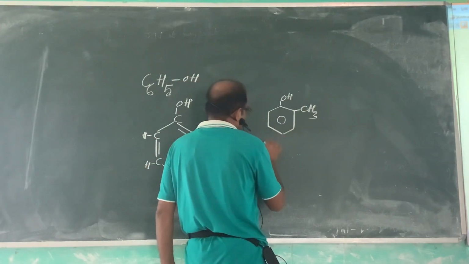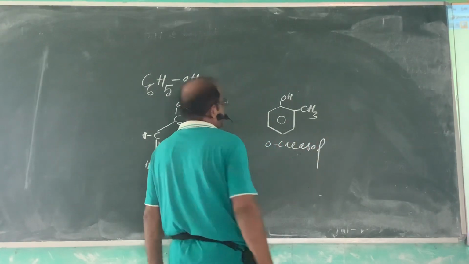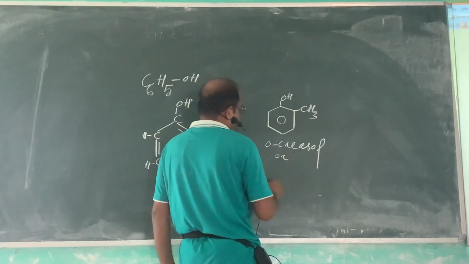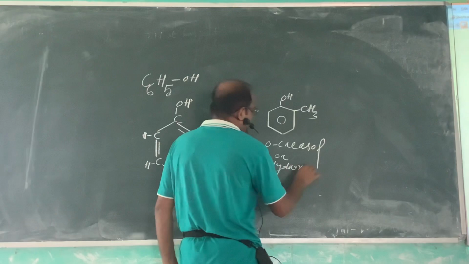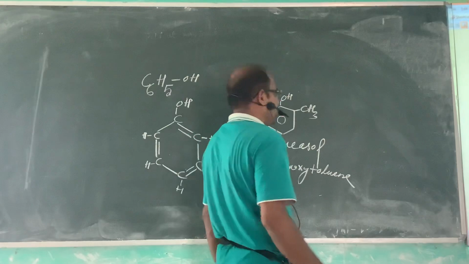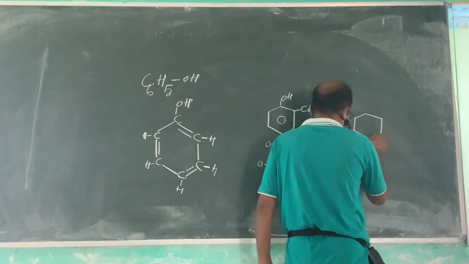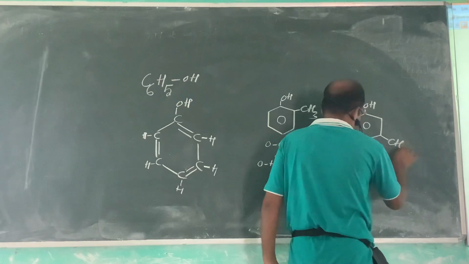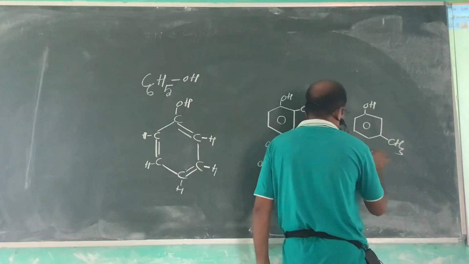This is called orthocresol, or according to the IUPAC system, it is called orthohydroxy toluene. This compound is called metacresol or metahydroxy toluene.